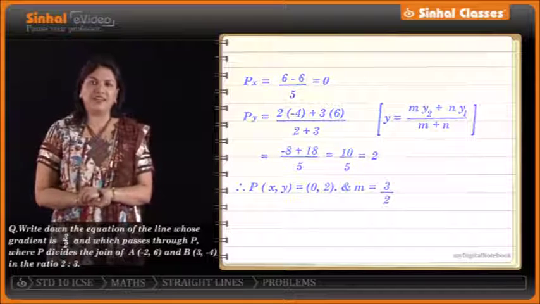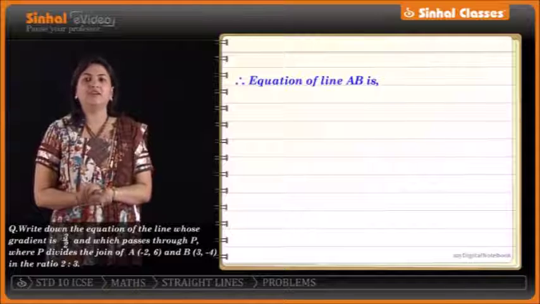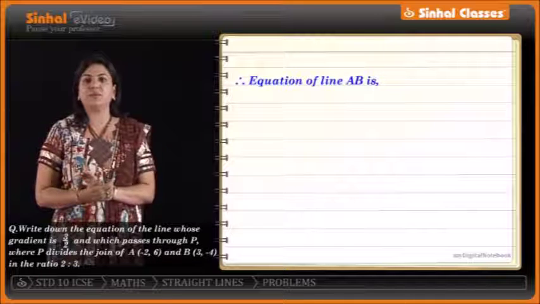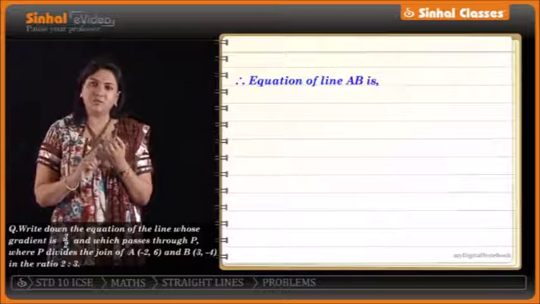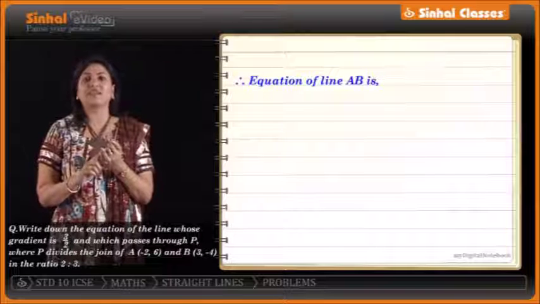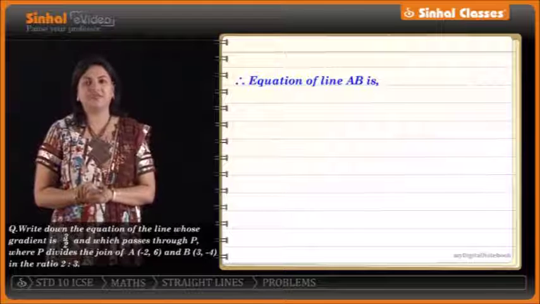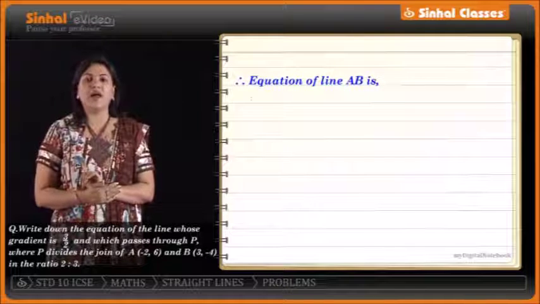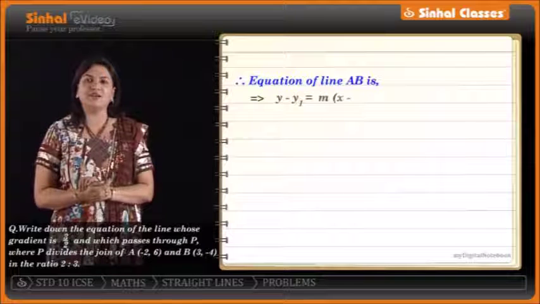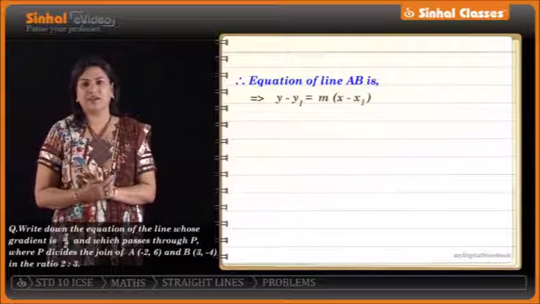Now we want to find the equation of the line which is passing through point P and has the slope as 3 by 2. So we know the point and we know the slope. Now which form can we use? We can use the point slope form, that is y minus y1 is equal to m (x minus x1).